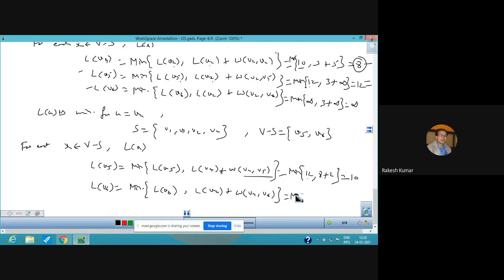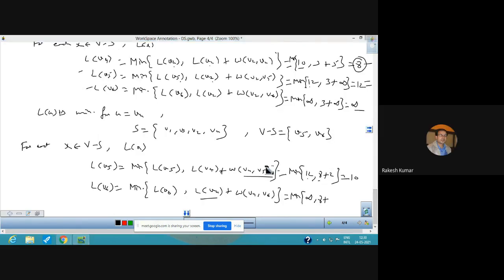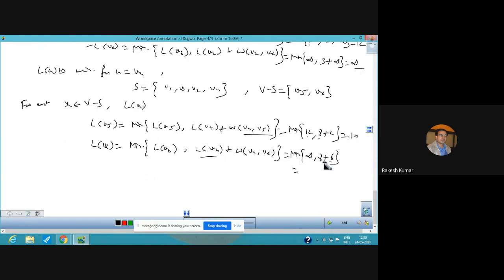And the next will be minimum of L(V6) that was calculated as infinity. L(V4) is used as 8 plus weight between V4 and V6 in the graph. V4 and V6, the weight is 6. So this value 6 will be used here. So minimum between infinity and 14, that is 14.